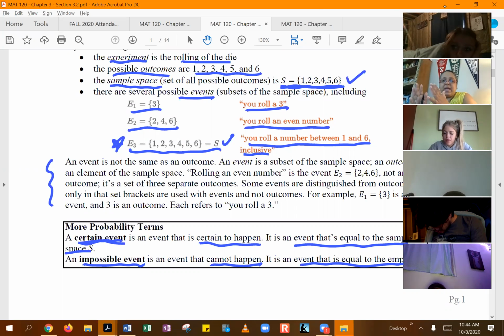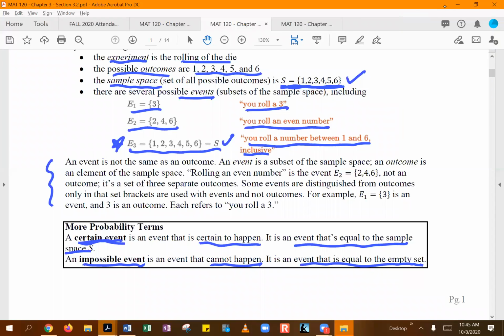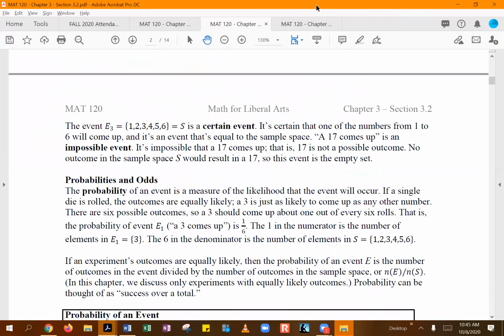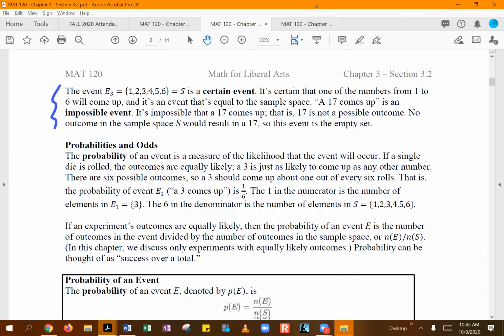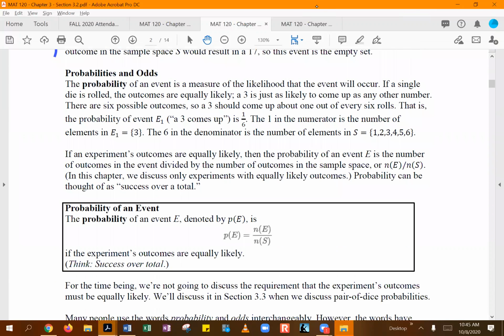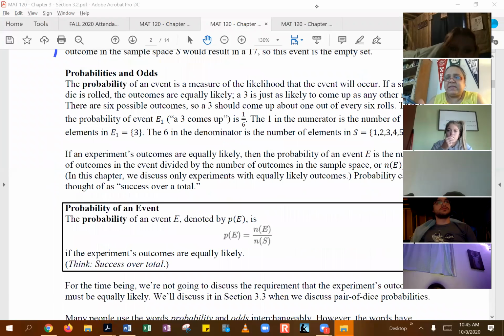There's no way you can end up getting a 9 when you're rolling a regular die. So a certain event is when your event equals the sample space. An impossible event is an empty set, because it will not equal any of those outcomes. They do a little description of that over here that you can look through. This is just defining the terminology.